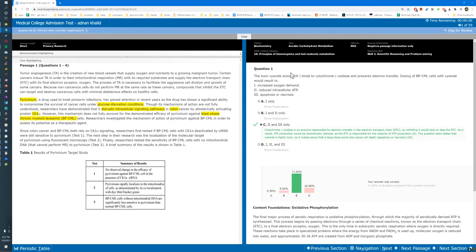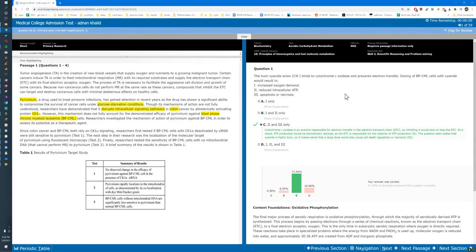So okay, they're basically saying that toxic cyanide binds to Cytochrome C Oxidase and prevents electron transfer. So what would happen to these types of cells if you did the same thing? The Cytochrome C Oxidase is part of the electron transport chain, and it acts as an electron carrier.